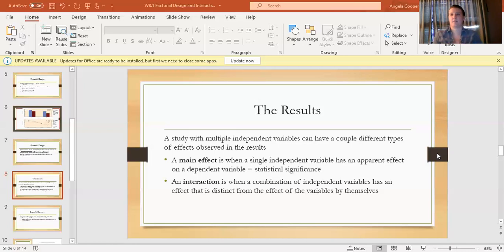There was a big difference between the time of day, day or night, and the no cell phone usage. So when they did not use their cell phone, they performed a lot better during the day than they did at night.